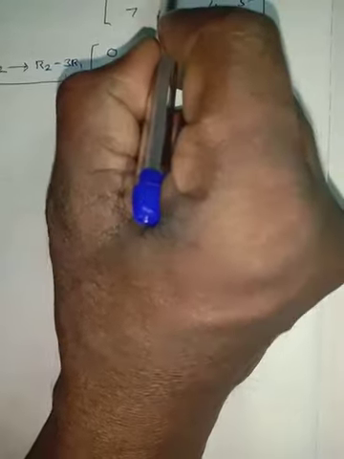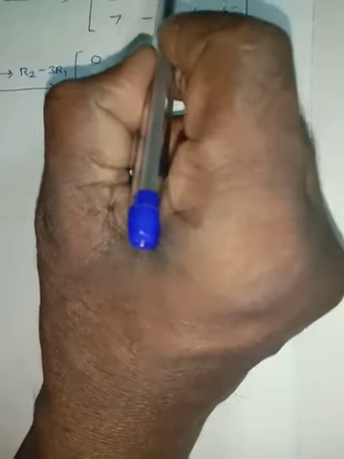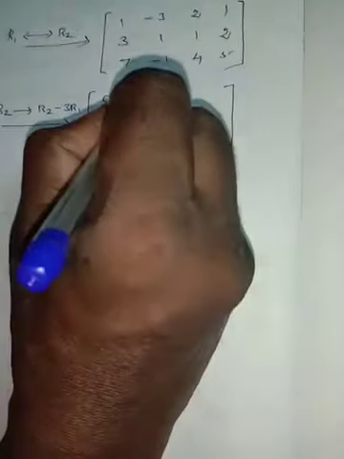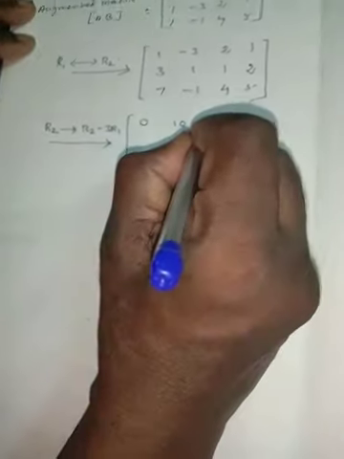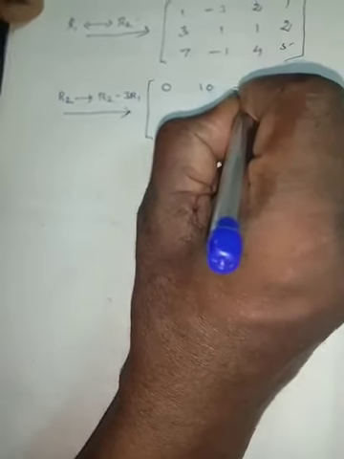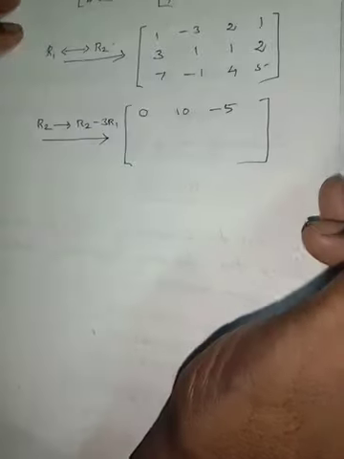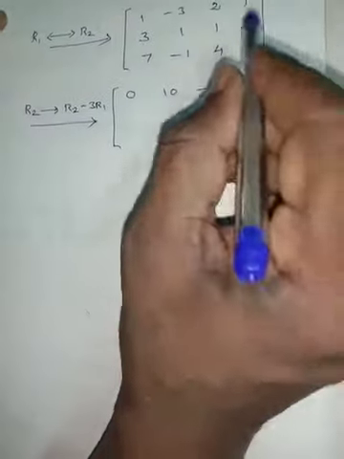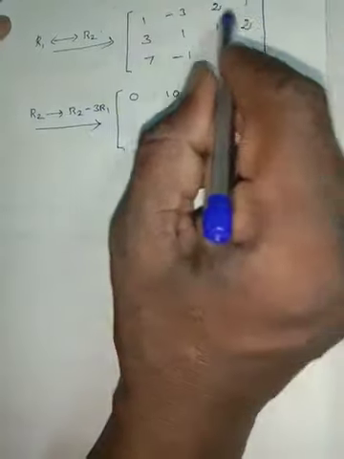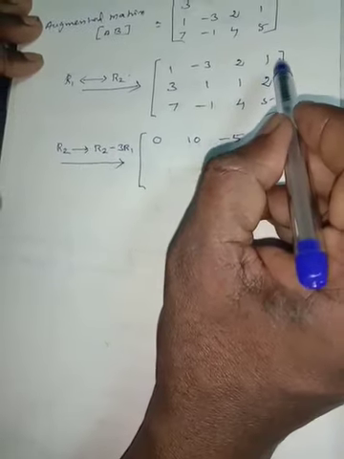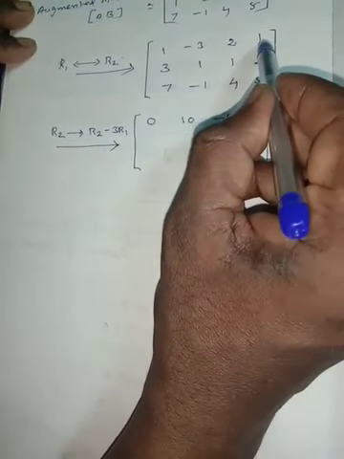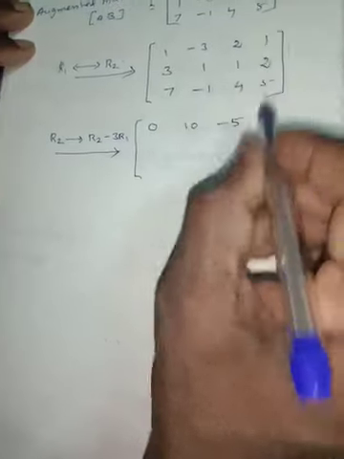Minus 9, 1 minus of minus 9 is 10. Next 6, 1 minus 6 is minus 5. And next 3, 2 minus 3 is minus 1.